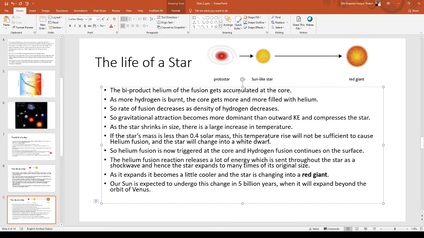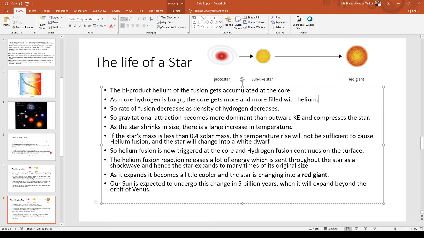Now, obviously, as more hydrogen is burnt, by burnt we mean nuclear fusion, the core gets more and more filled with helium, right? It's like if you burn a lot of coal, you will produce a lot of ash.